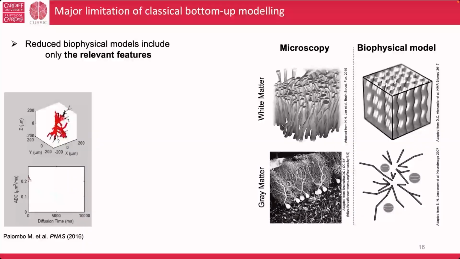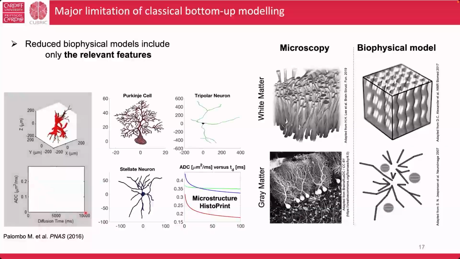And we did this for many different cell types. The first thing we observed, without going down to the individual features, is just that each cell type in the brain seems to carry a specific microstructural fingerprint.